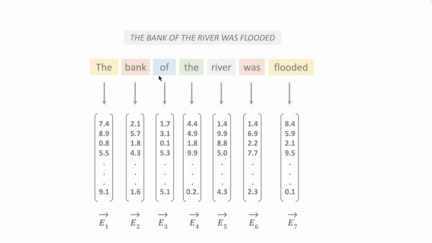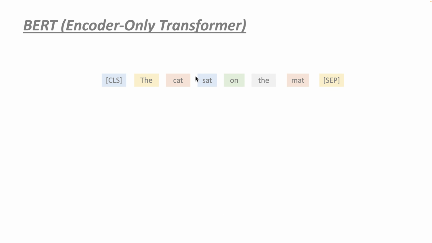So every single token has a vector representation. This is exactly the same here. And what's crucial is that the classification token has a word embedding representation and the separator token has a vector representation as well. But here is the crucial difference.